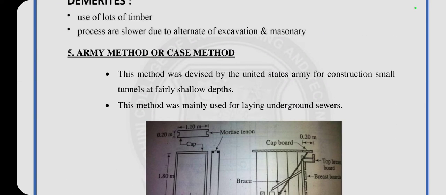Then the Austrian method, and the other one is the case method. This method was devised by the United States Army for constructing small tunnels. This method was mainly used for laying underground sewers.